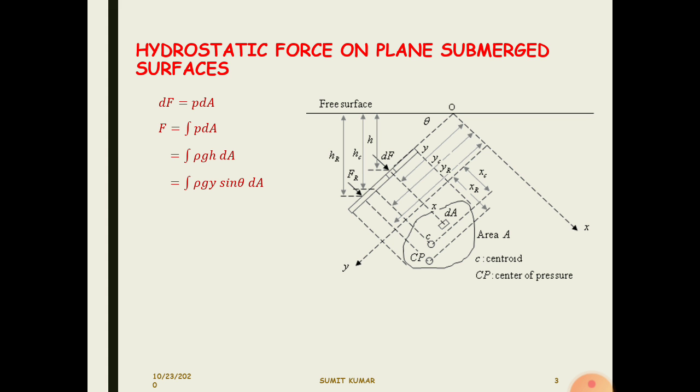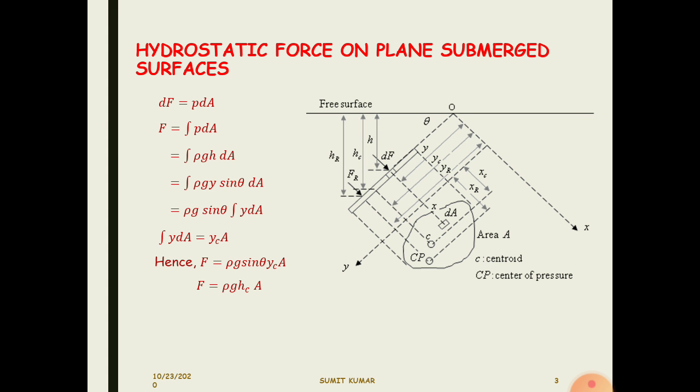The distance y is measured from the x-axis, which is the line of intersection between the extension of the inclined plane and the free surface. The integral y dA is the first moment of the surface about the x-axis. If yc is the y-coordinate of the centroid of the area A, we can express the integral of y dA as yc into A.